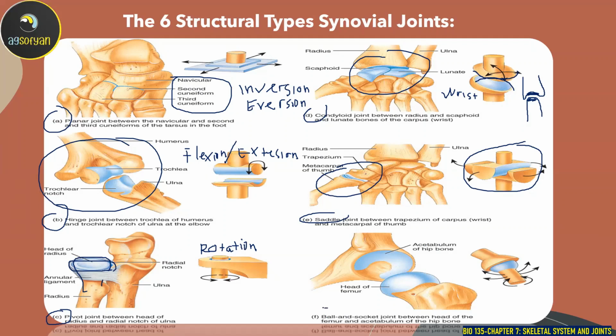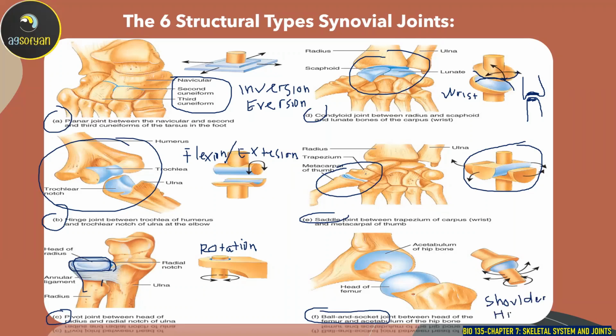And the last one is ball and socket. This is the type of joint that can give almost all types of movement, because this is a very, very freely movable type of joint. We only have two ball and socket joints. The first one is in the shoulder, so the shoulder joint is ball and socket. And the other location is in the hip.